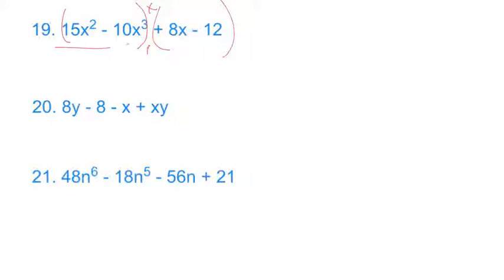Looking at this first set, I see a common factor of 5 in the numbers and an x squared in the x's. So I'm going to say that the common factor is 5x squared. What's left here would be 15 divided by 5, which gives me a 3. X squared divided by x squared gives me a 1, so I would end up with just the 3 here in the first term.